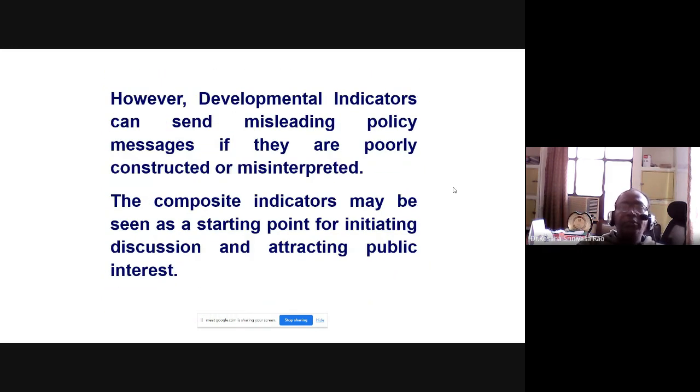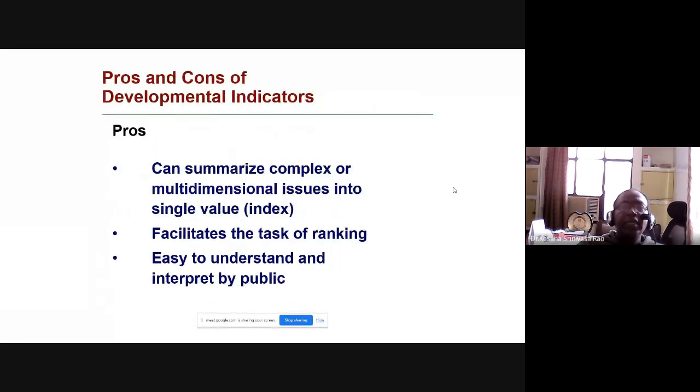But the important thing here is what are the pros and cons of the developmental indicators. And these are all different types of pros. We can summarize complex or multidimensional issues into a single value. So an index means how different types of indicators are contributing, and how we can explain the change of different indicators in one value.